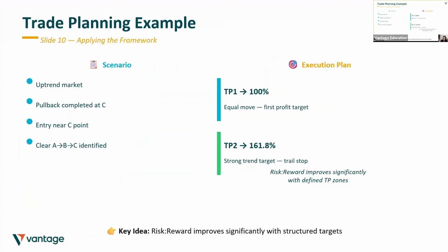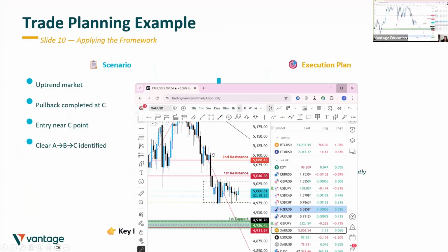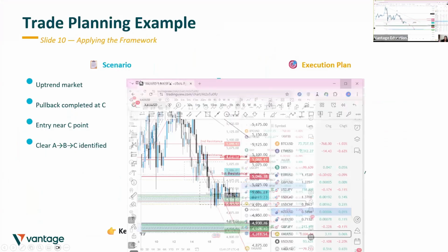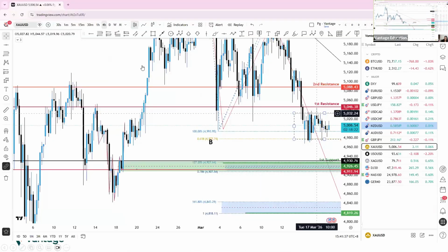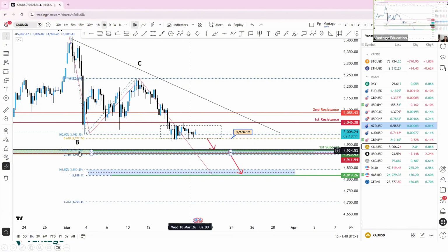Trade plan example. First, you identify the market: price on uptrend or downtrend. After that, the pullback is complete, which is at C. Right now, if you want to hold your sell entry, if you want to sell here at C, because this one retraces about 78.6%, your TP1 is going to be at 49.30 because you are a swing trader.